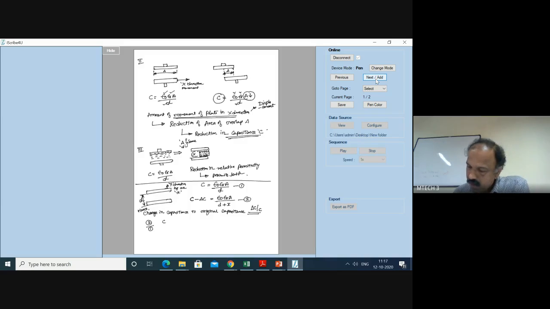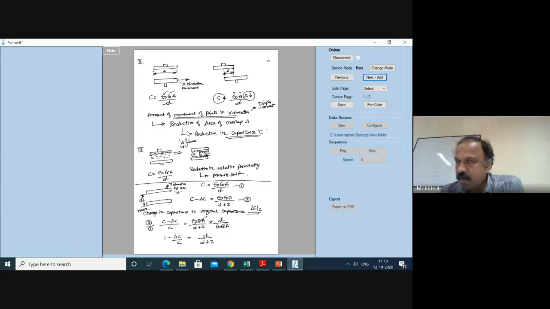So C minus delta C divided by C equals epsilon naught epsilon r A by D plus X, multiplied by D divided by epsilon naught epsilon r A. This will get cancelled, so 1 minus delta C by C will be equal to D divided by D plus X. What we want now is delta C by C. Is it clear up to here? Any doubt? Shall I proceed to the next page?